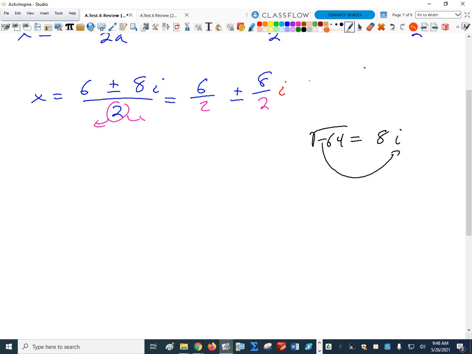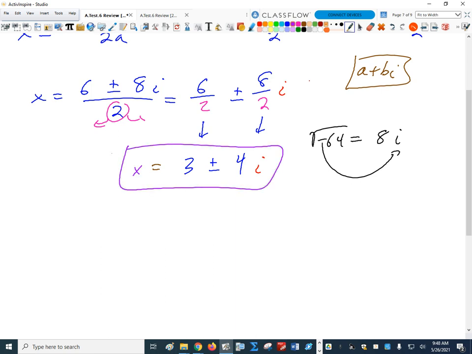Because we want it to look like standard form, a plus b times i, real part and imaginary part separate. So then we can reduce those fractions. We're going to get 3 plus or minus 8 over 2 becomes 4i. Okay, good? Those are our answers.